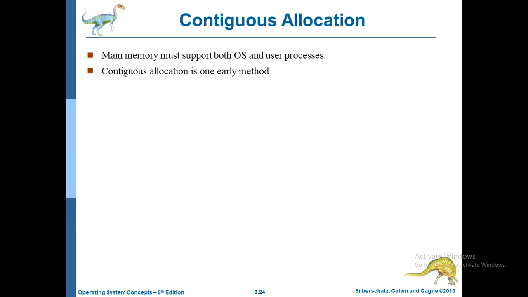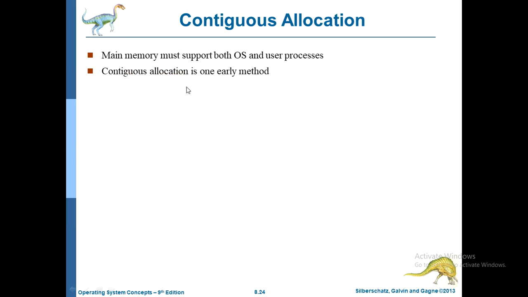The main memory will be divided into two partitions. One part is used to store the operating system and another one will be used for the user processes. Here the traditional method to store both is contiguous memory allocation.